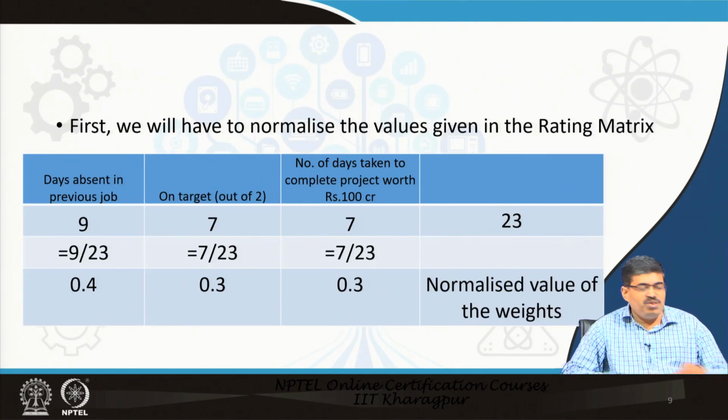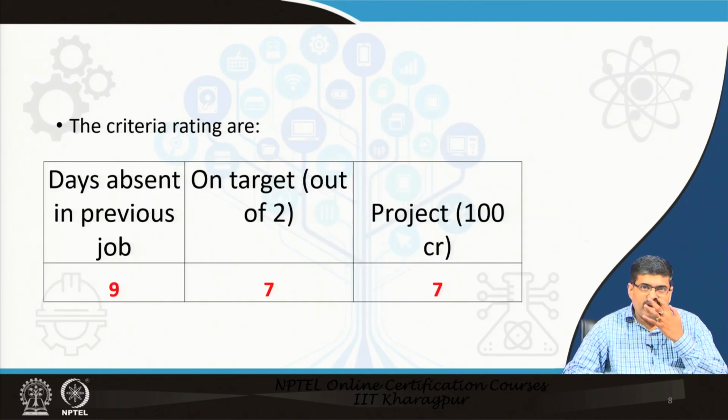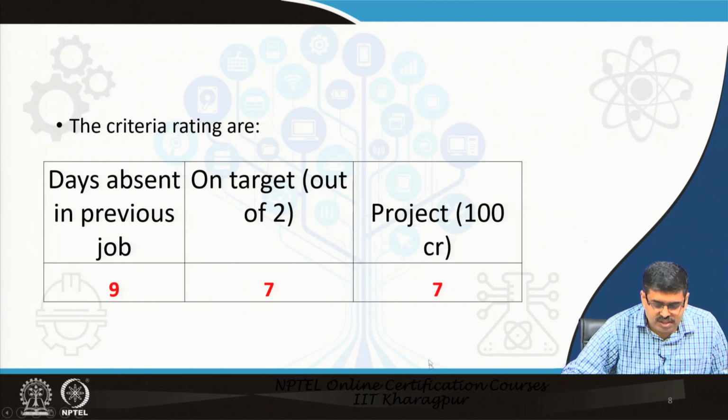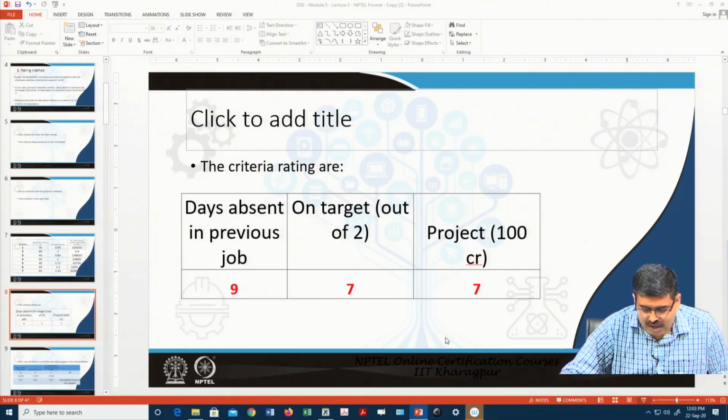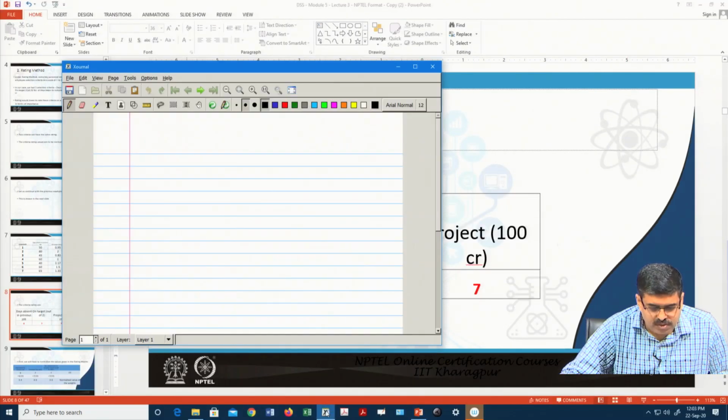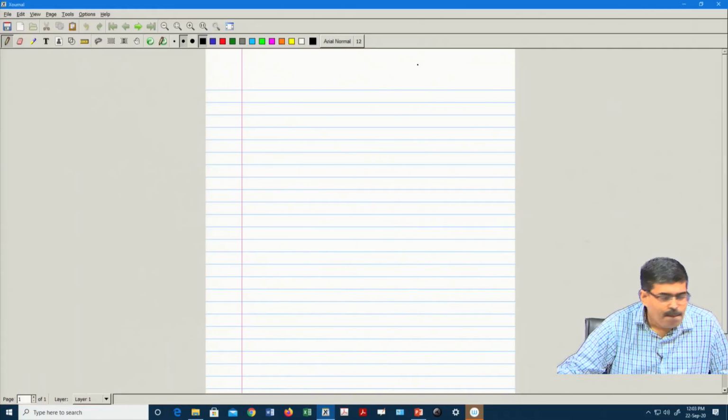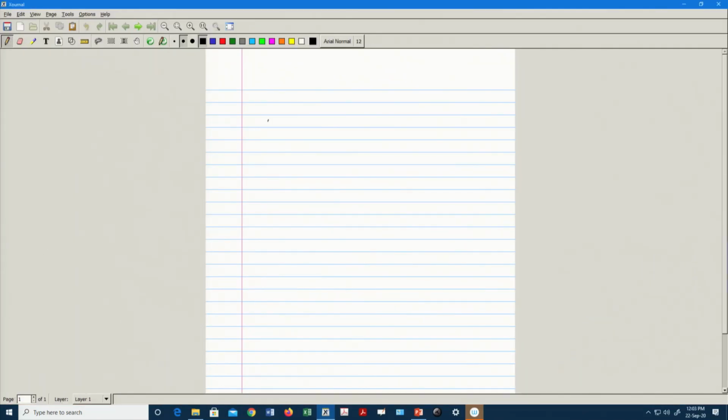So what you do is you add up these 3 ratings. Your ratings were 9, 7 and 7. 9 plus 7 plus 7 is 23.